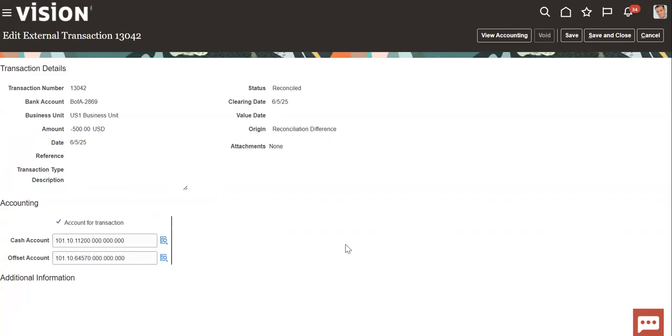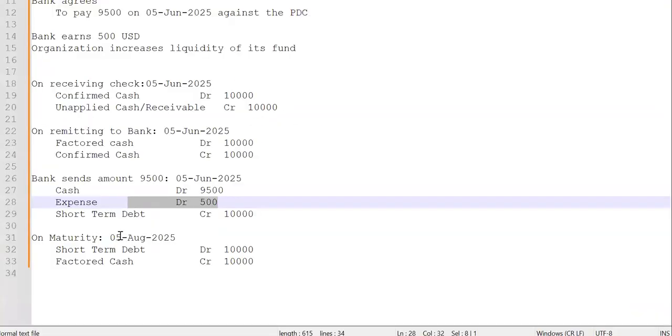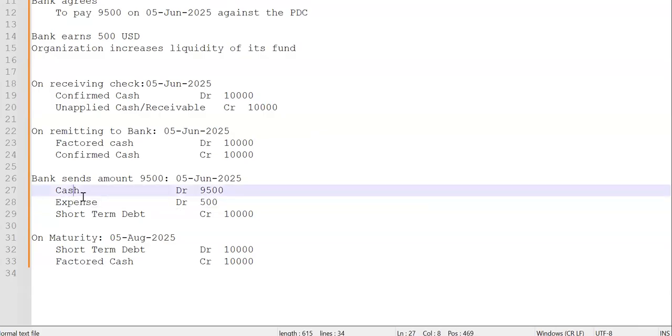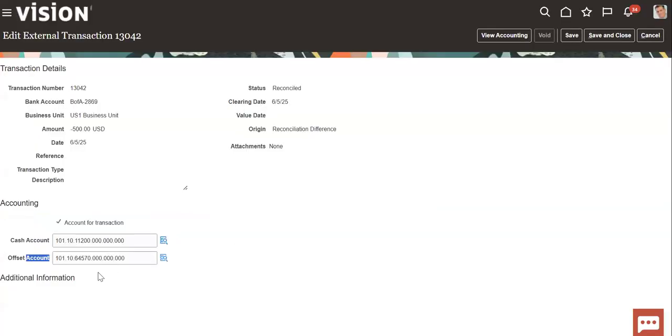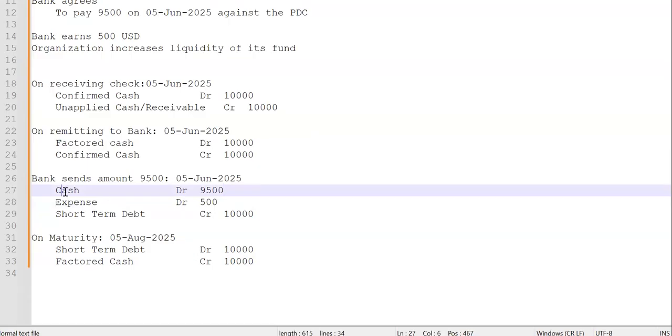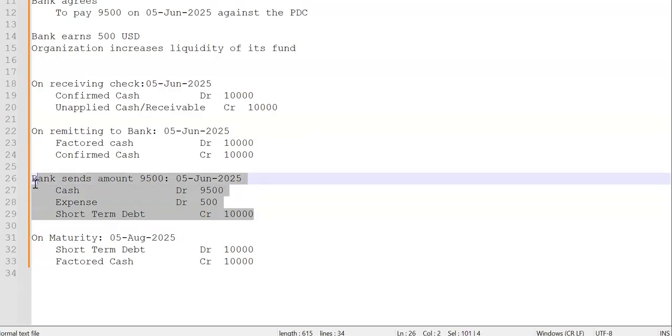Once you do the accounting, your cash will be credited by 500, and the expense account will be debited by 500. In receivable, cash is debited by 10,000, and by this transaction cash will be credited by 500. So ultimately, my cash will be a debit of 9,500.